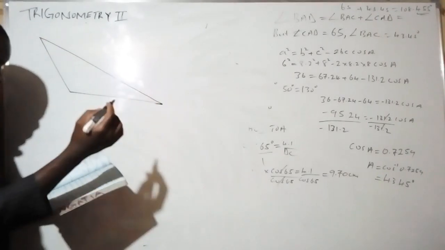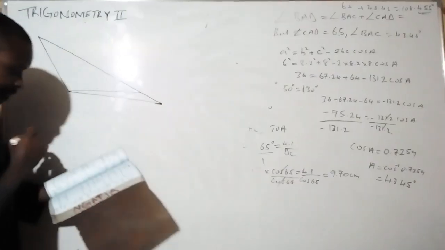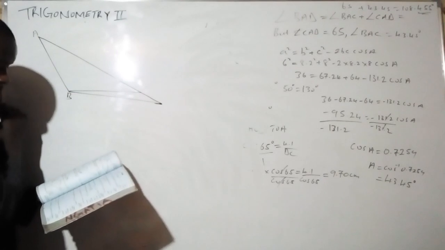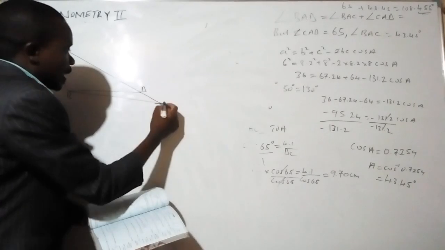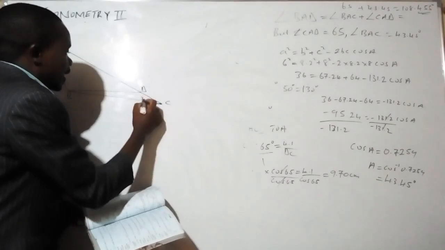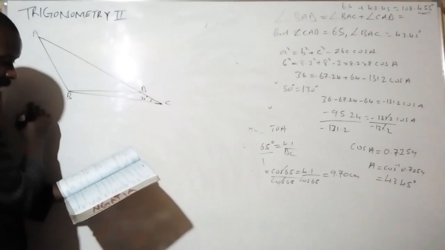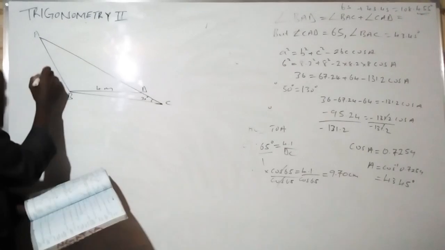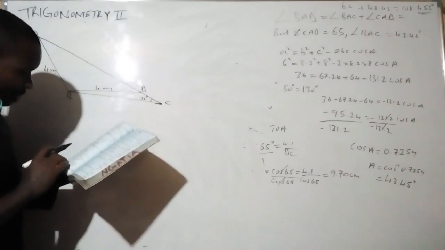Then you have another triangle there, and you are given A, B, D, C, and this angle here is 30 degrees. BD is 4 meters. AB is 4 meters. BC is 5 meters.